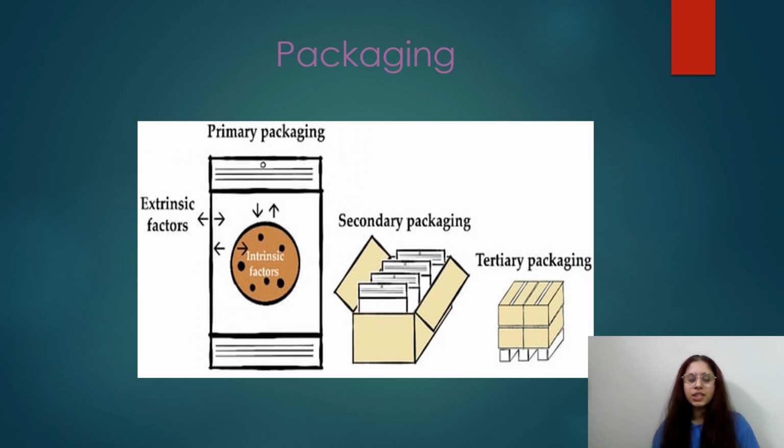Last but not the least is packaging. We have to make sure that the packaging needs are met, and the intrinsic and extrinsic factors are kept in mind. Mainly for the packaging of breakfast cereals, high density polyethylene plastic bags are used to make sure that the crispiness is retained and there is no unacceptable flavor.